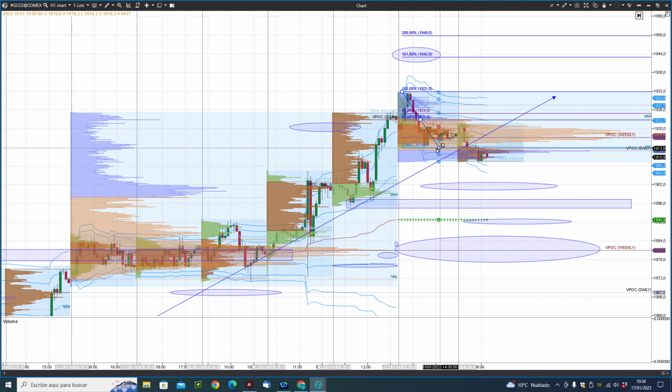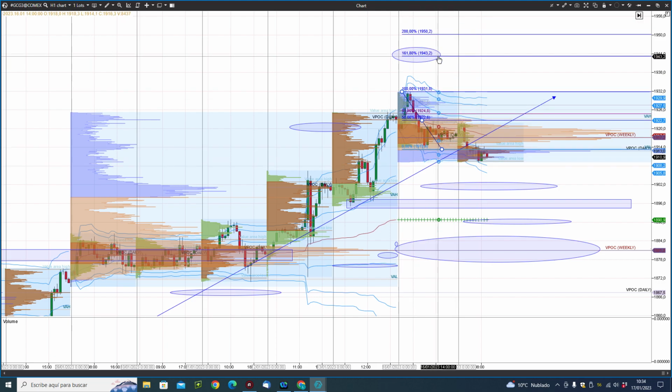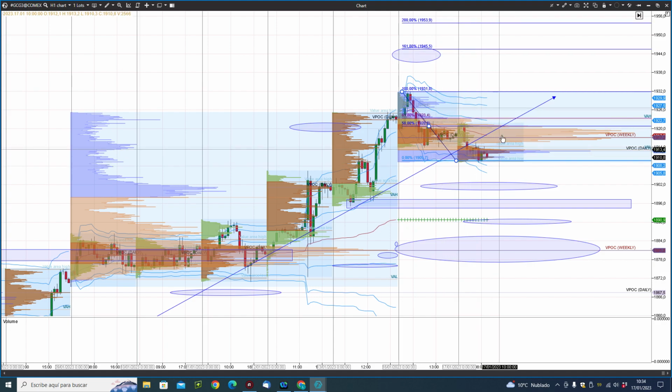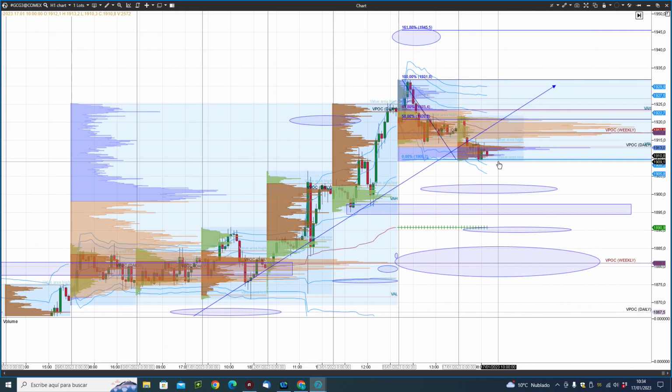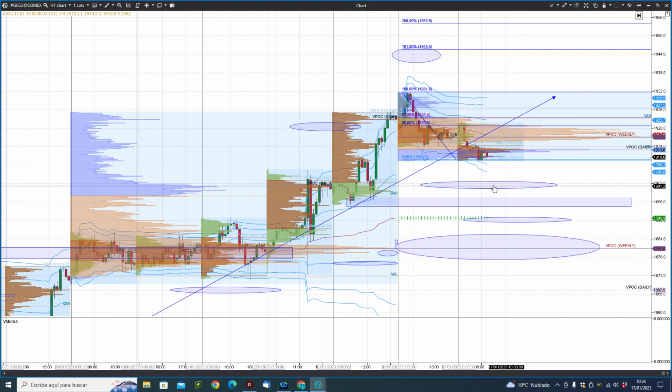Yesterday we talked about this point 1943, but it continues going down, so let's see if the price stops here. If the price doesn't recover this line that has been broken, the main target would be this point.